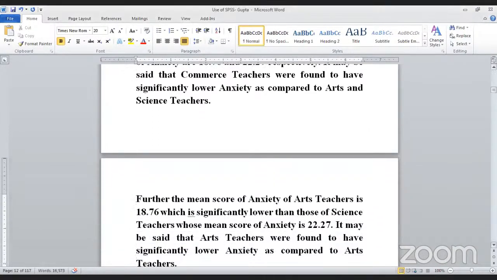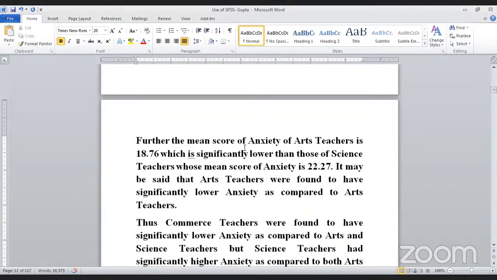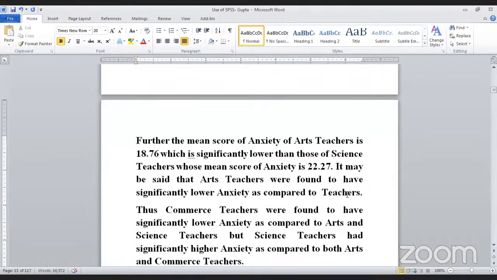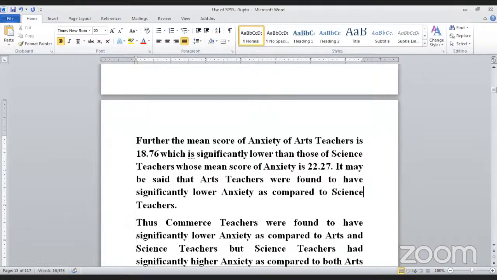Then you correct it, don't worry about it. Further, the mean score of anxiety of arts teachers is this, which is significantly lower than that of science teachers, whose mean score is this. It may be said that arts teachers were found to have significantly lower anxiety as compared to, okay, here you say science teachers. No problem, you can make a correction.